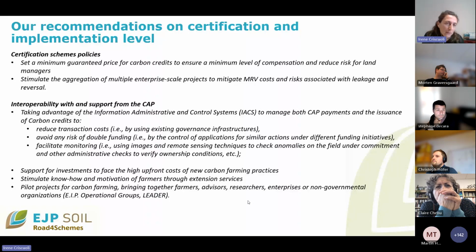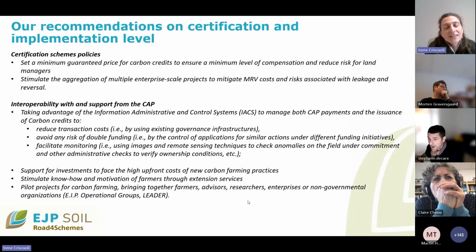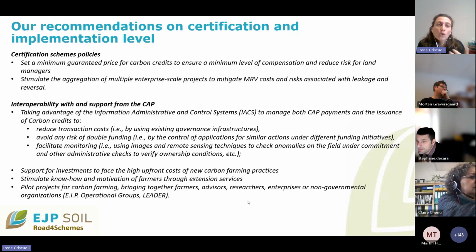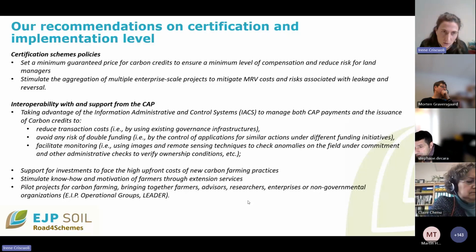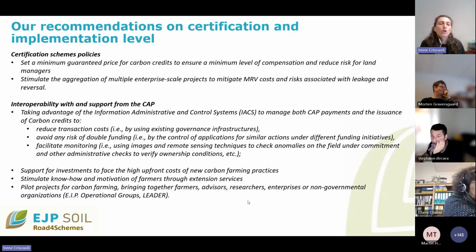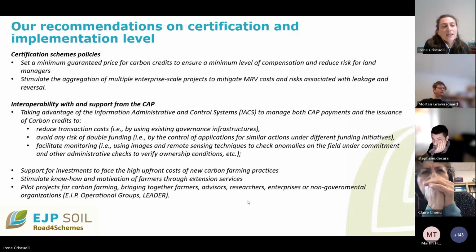In terms of interoperability with and support from the CAP, we believe that the current governance infrastructures that are taking care of CAP payments and CAP monitoring can be used also for the carbon credit issuance and monitoring, the so-called integrated administrative and control systems.